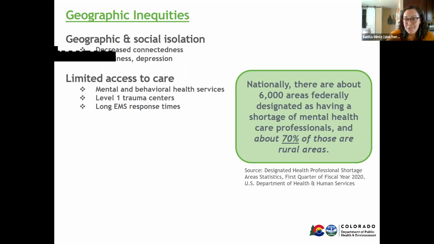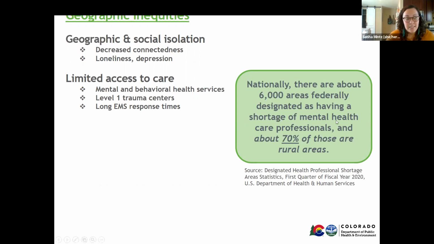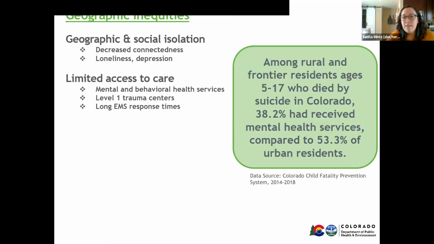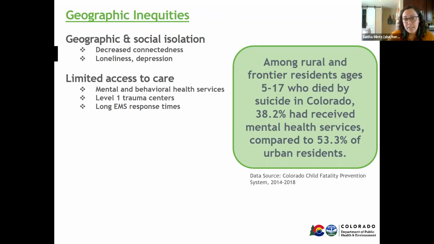So using this additional research and supplemental data, we better understand potential root causes of some of our own statistics. For example, data from our system shows that 38.2% of children and youth who died by suicide in Colorado and lived in a rural or frontier county had received prior mental health services, compared to 53.3% of those living in an urban county.